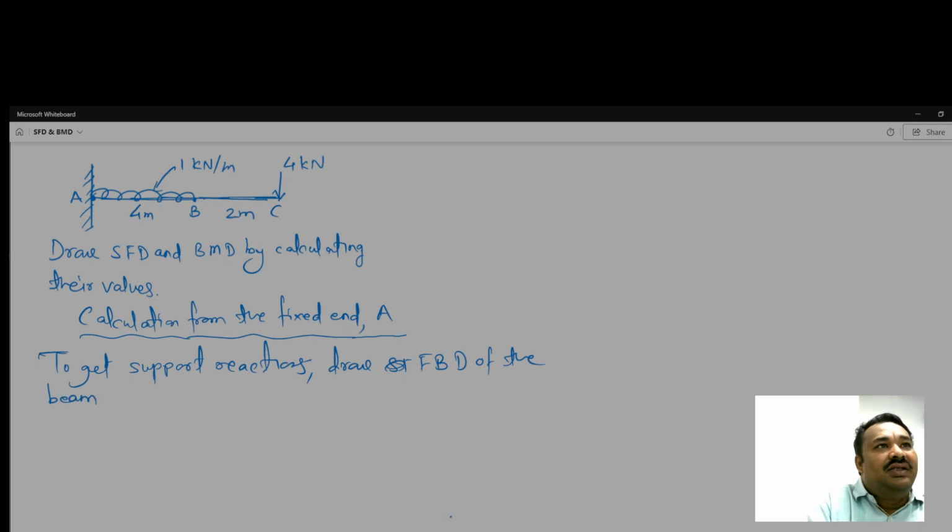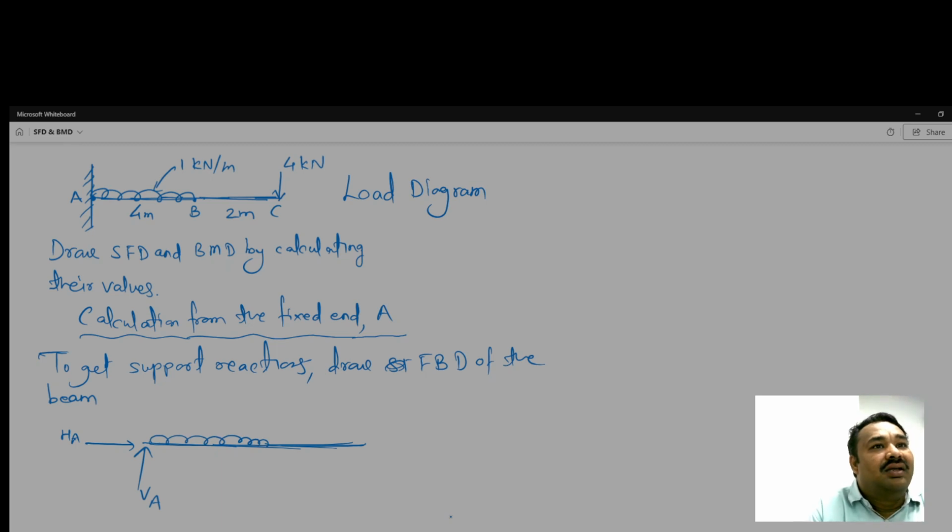This given beam is the load diagram. Now in the free body diagram, we are going to remove the supports. So here it is RA, or we can say VA, HA, and the load will be there.